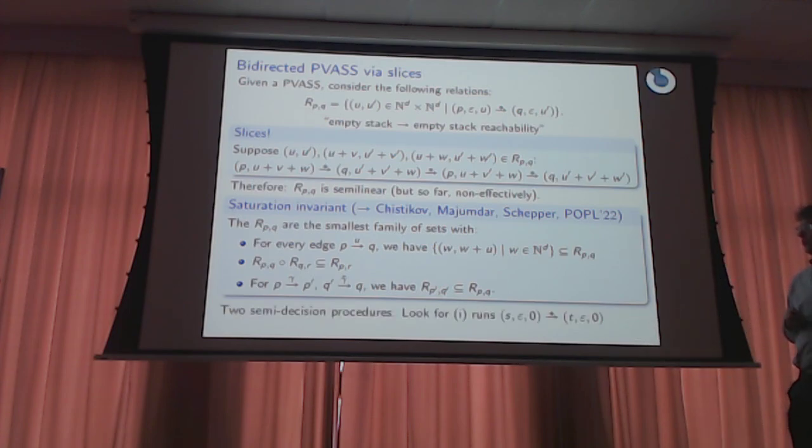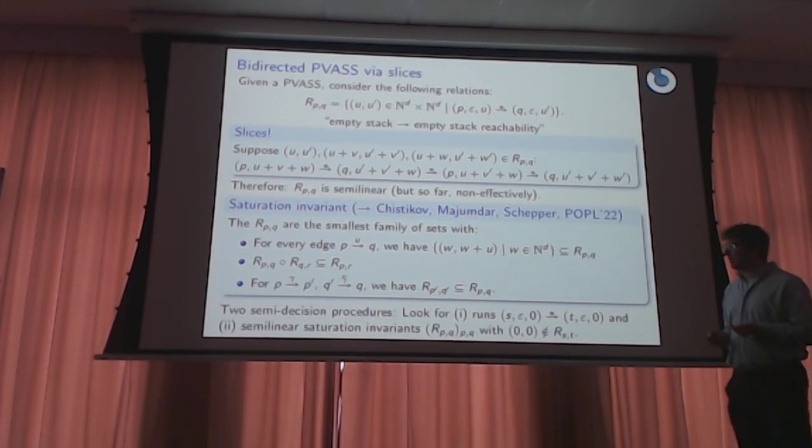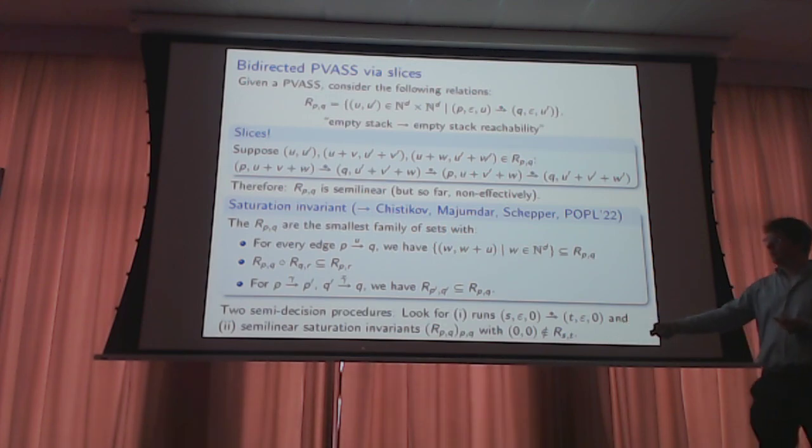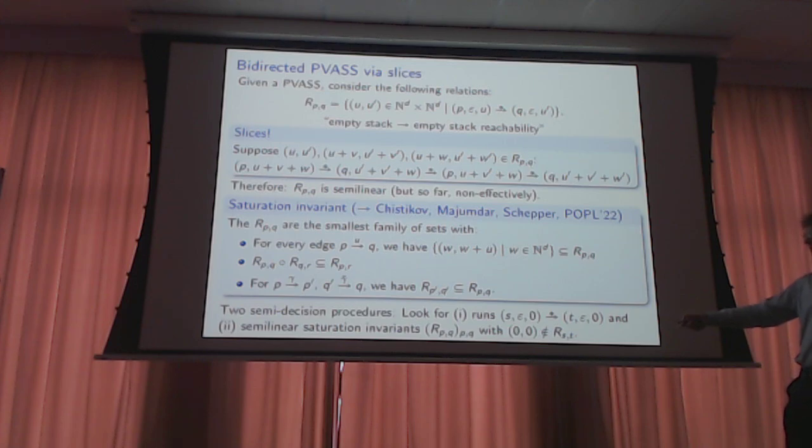So we have two semi-decision procedures. One just looks for runs, and the other enumerates semi-linear sets. And if it has one, it checks if it is a saturation invariant, and that it doesn't contain the reachability between your source and your target. Right?